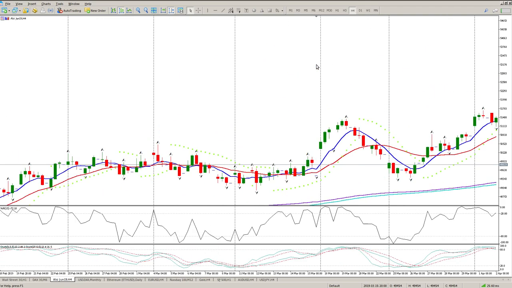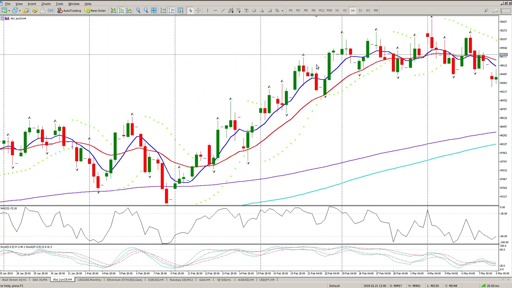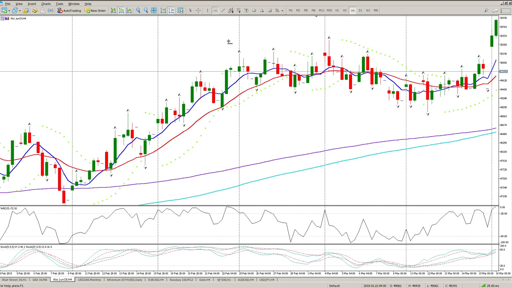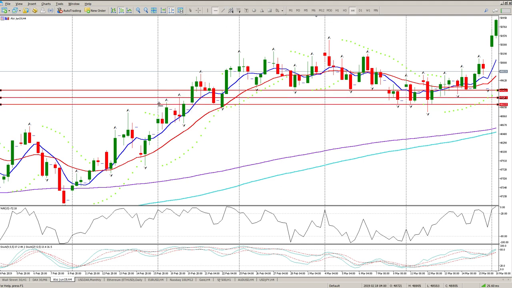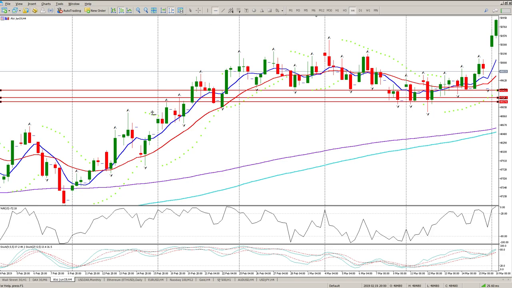Okay, levels to the left. There are so many at the moment, so there is one that's pretty logical there. And then every single one of these fractal levels here is going to be a level.